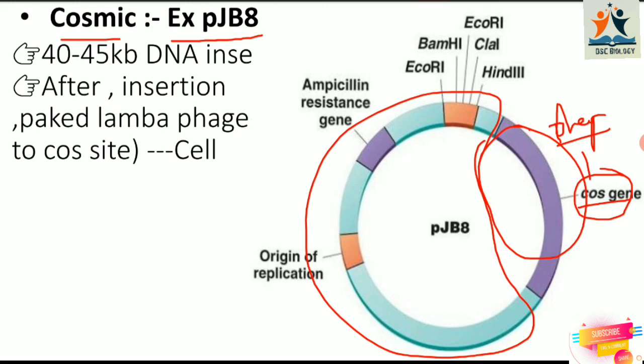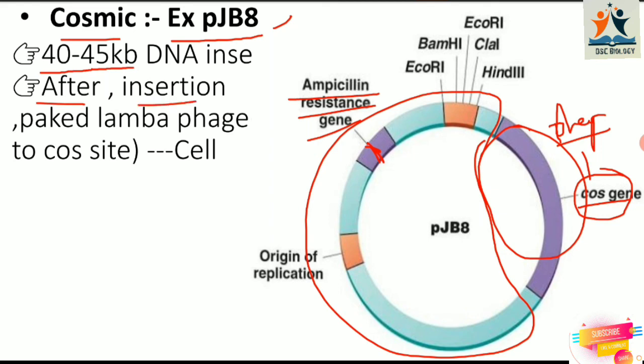That's why it's called a cosmid, a combination of genes. We can insert about 40 to 45 kilo base pair of gene into it, here we insert our desired gene.